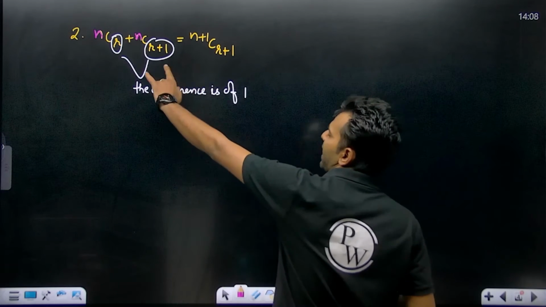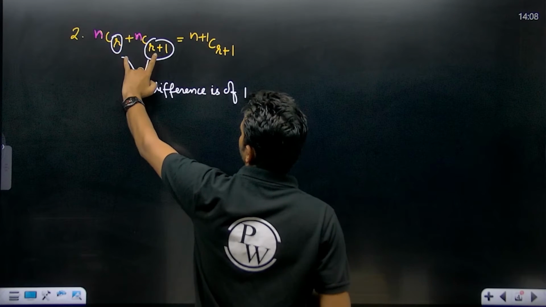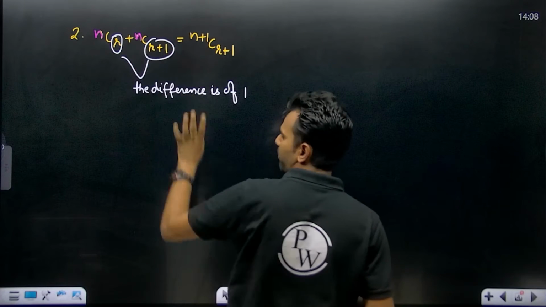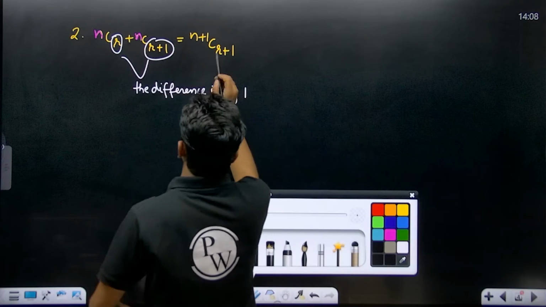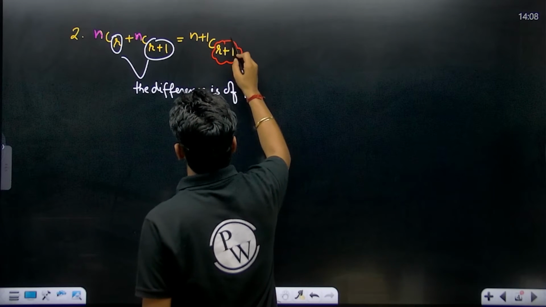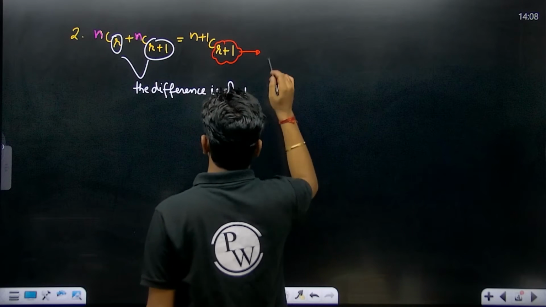Whenever these two things are added, with the n the same and the difference between the r values being 1, then this formula is applicable. This formula says that the summation of these two things will be equal to what? Over here, you write down the bigger term out of r and r plus 1. What is the bigger term? r plus 1, isn't it?